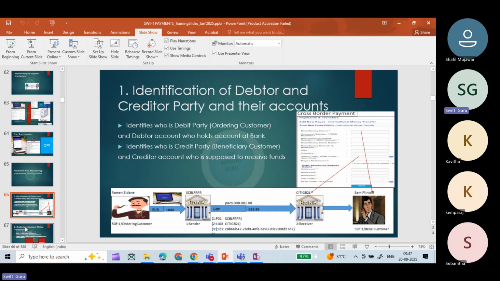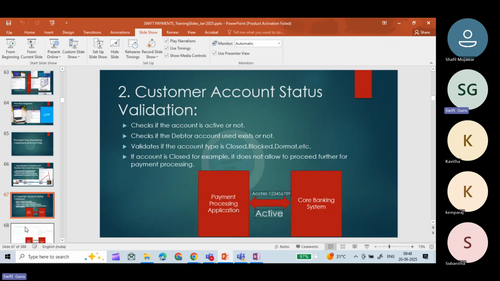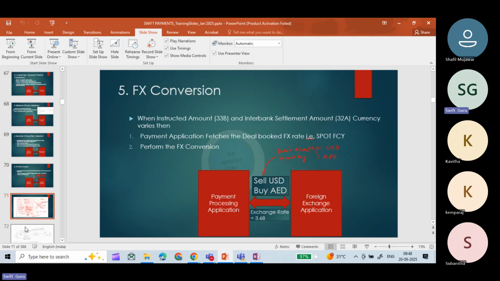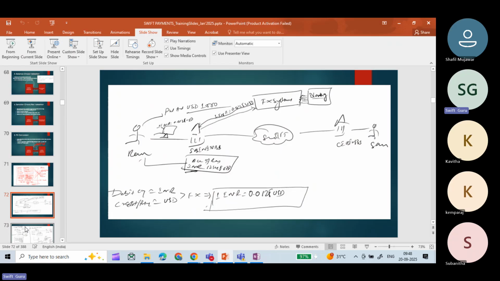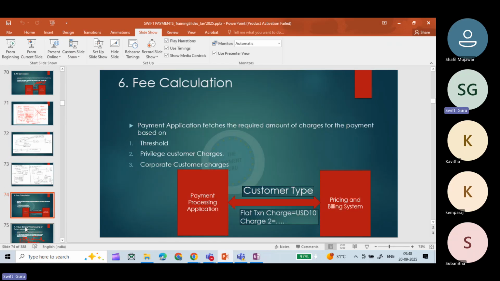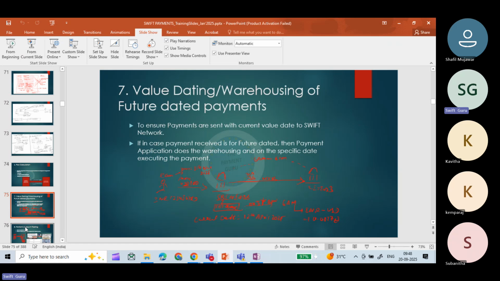What are the steps and activities a bank payment engine performs once a customer initiates a transaction in order to process payment? What do the different applications like core banking system, FX system, compliance system, and billing and pricing system exactly do, and what data does the engine get from them? All of it we'll discuss in tomorrow's session.